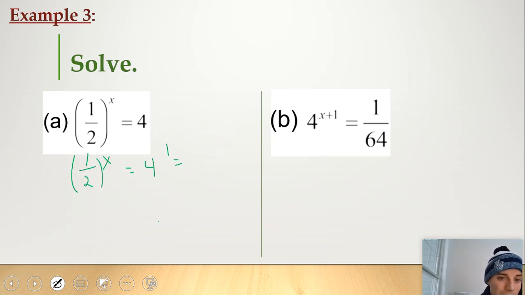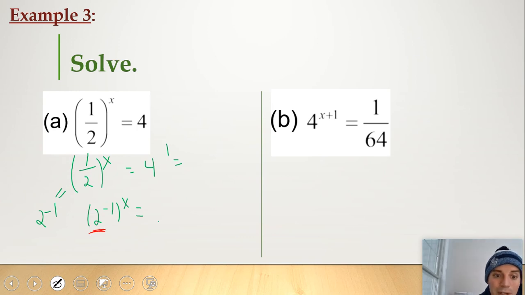Okay, so this is what I'm at right now, but obviously I don't have a common base. But I know that I could rewrite 1/2 as 2 to the negative first. Okay, so 2 to the negative first is equal to 1/2. So now I'm going to rewrite this as 2 to the negative 1 times x. And how can I rewrite 4 in terms of a base of 2?